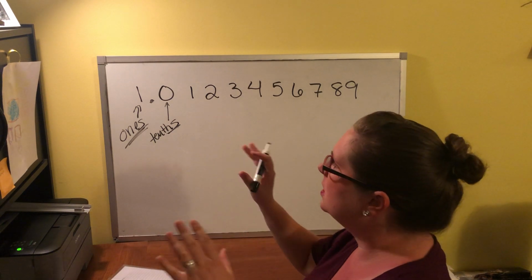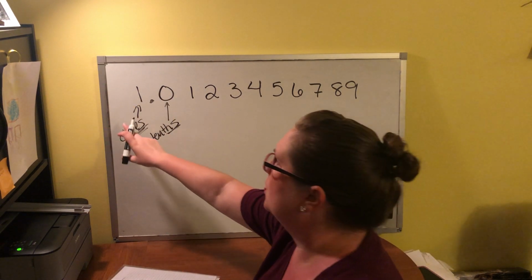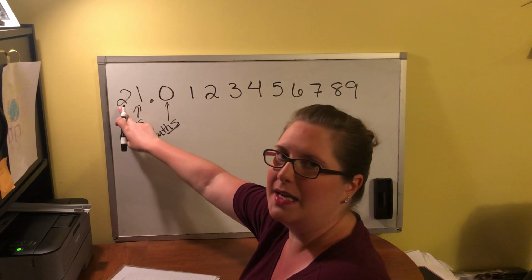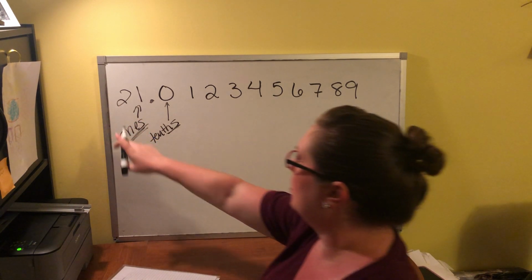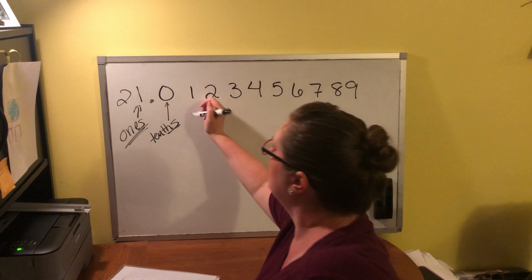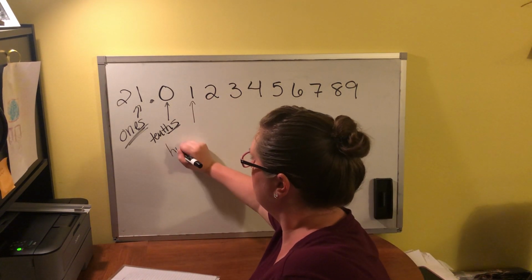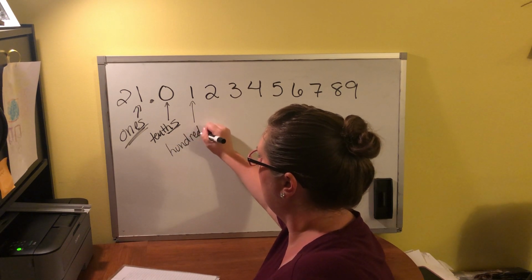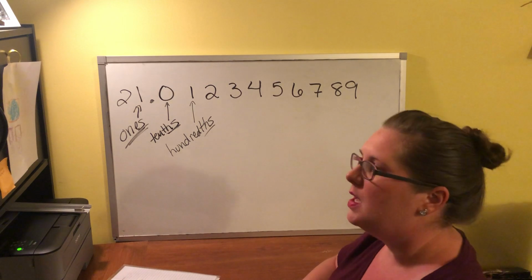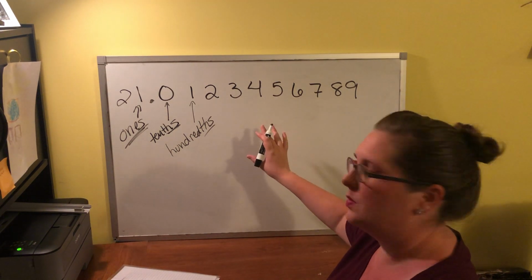So it's going to mirror a whole number. So write a number here. This will be the tens place, right? TENS. Then if we continue on, after the tens place would be the hundreds place. So in the decimal, this 1 is now the hundredths place ending in a THS, okay? And like I said, it's going to mirror just as if it was a whole number.